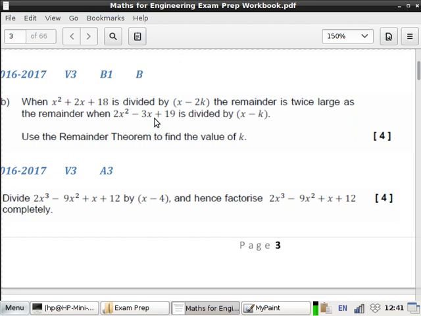I think there might be 2 answers for k, is there? Or is there just one answer for k? Oh no, maybe there's only one.